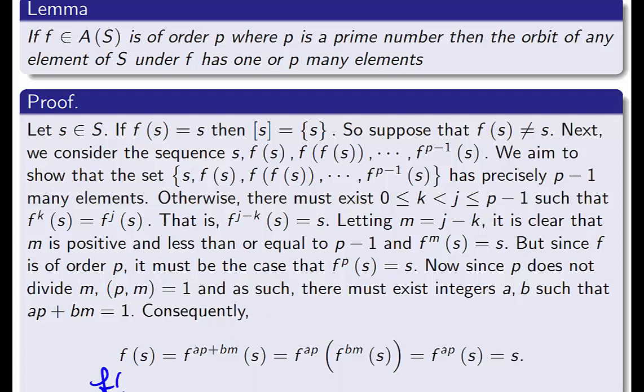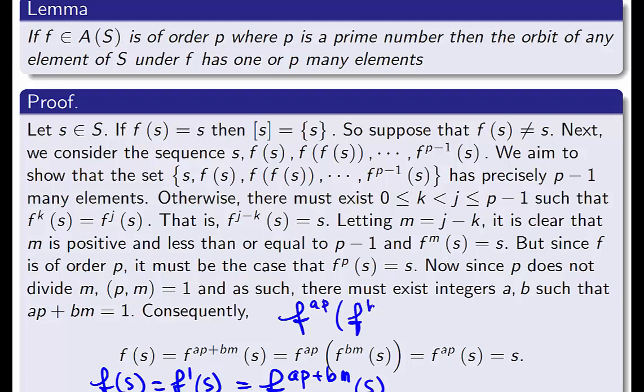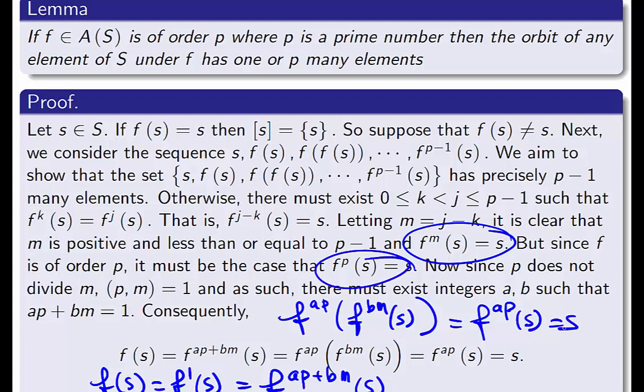So if we rewrite f(s) as f^1 of s, this gives us f^(ap+bm) of s. But this is just f^(ap) of f^(bm) of s, by the assumption that f^m of s is s, this will be f^(ap) of s, and by the fact that f^p of s is s, this will be s.